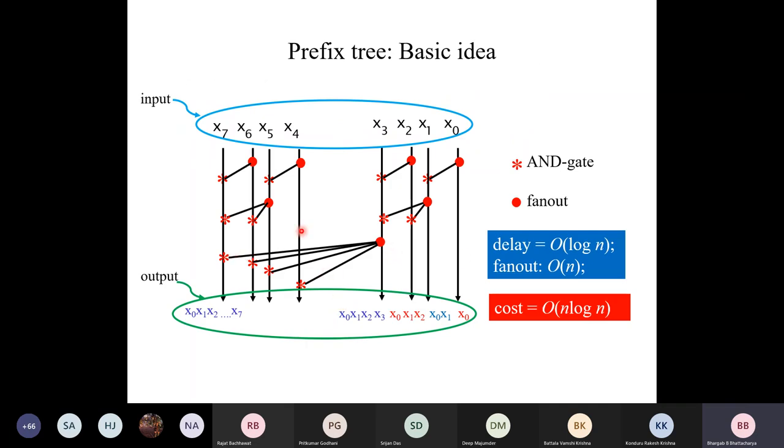I'm going to use some extra nodes. See, the cost is n log n here, right? So even if I have more components here, the cost would not have increased, because there are many columns which are already vacant. So can I use some extra components without compromising the cost, while the fan out problem is solved?